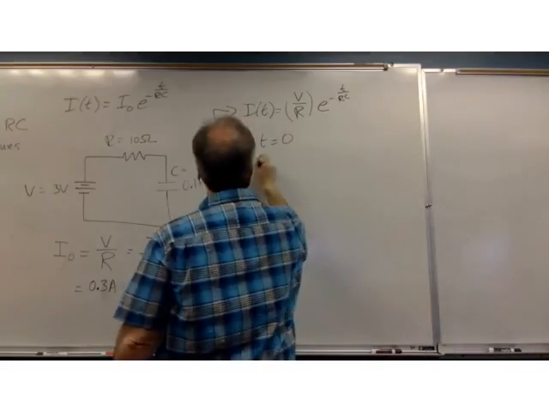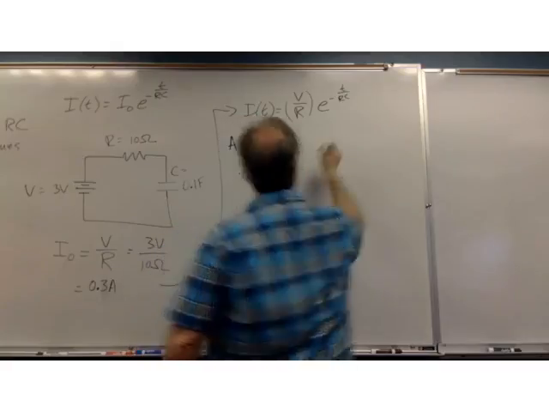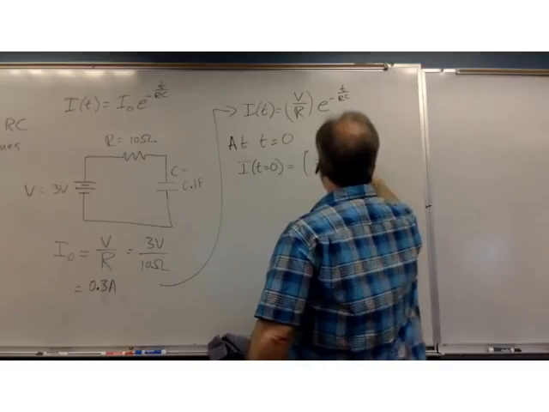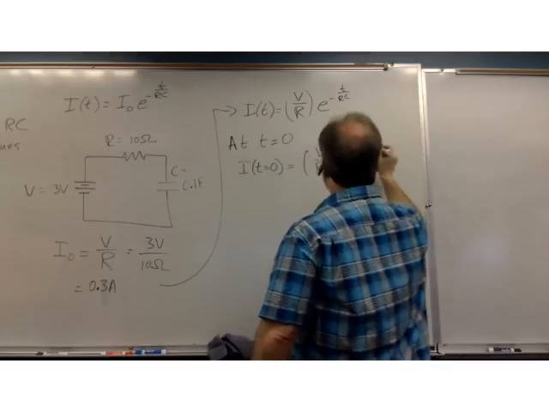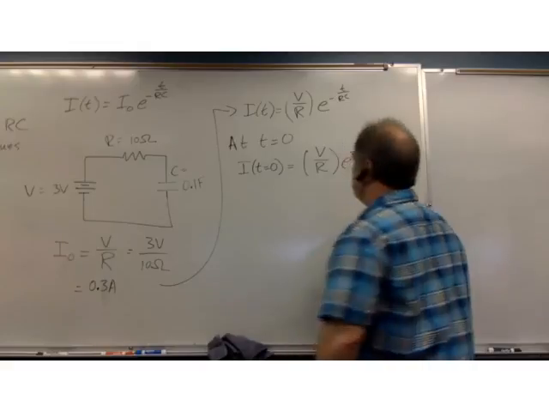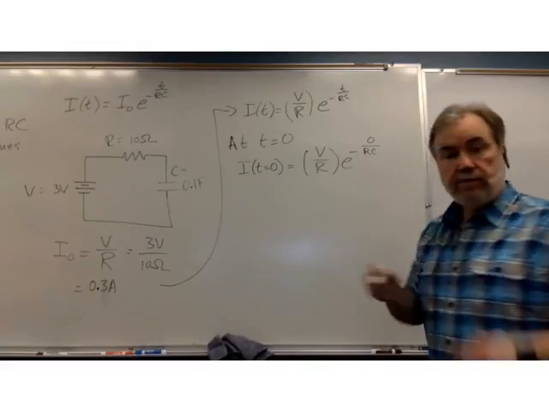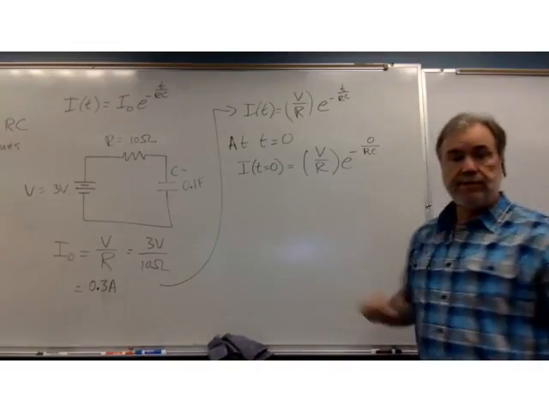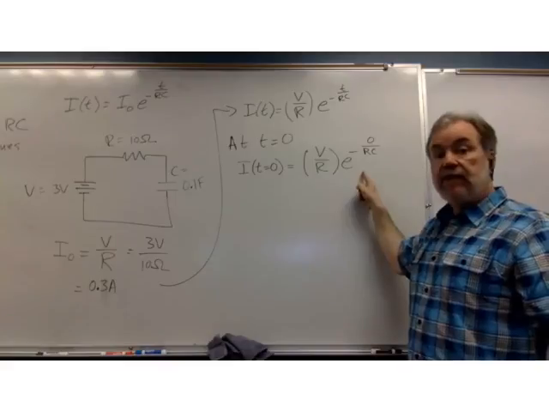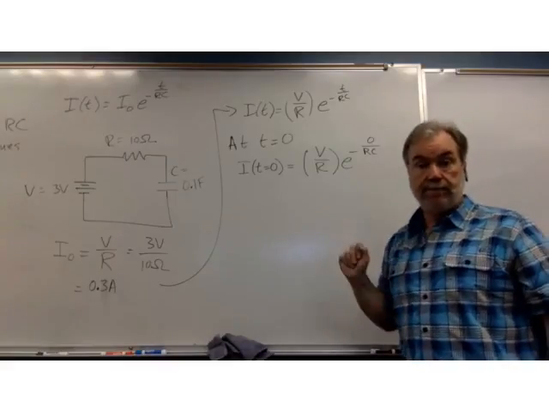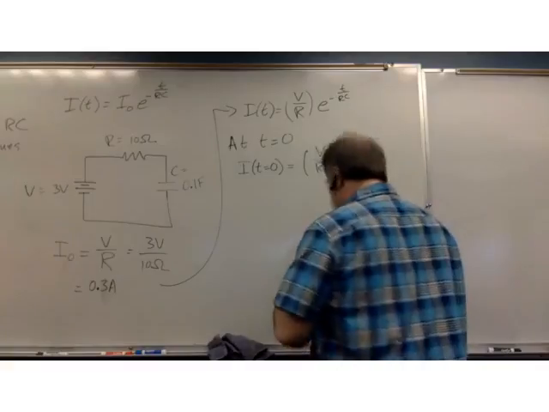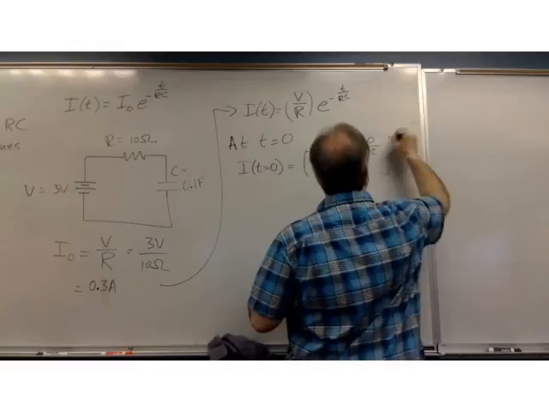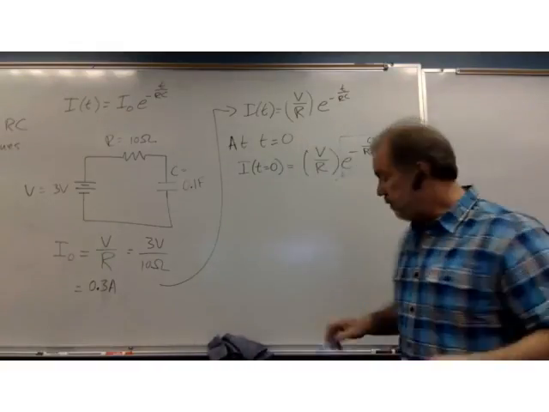Then we have I at t equals 0. So we'll just substitute t equals 0 over here. So we have V over R times e to the minus 0 over RC, but I'm not going to put that in just yet. Look what happens here. This exponent becomes 0, and raising anything to the 0th power is equal to 1. Not 0, 1. So this whole thing evaluates to just 1.